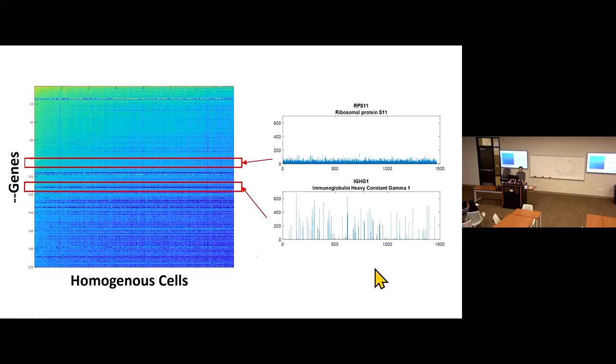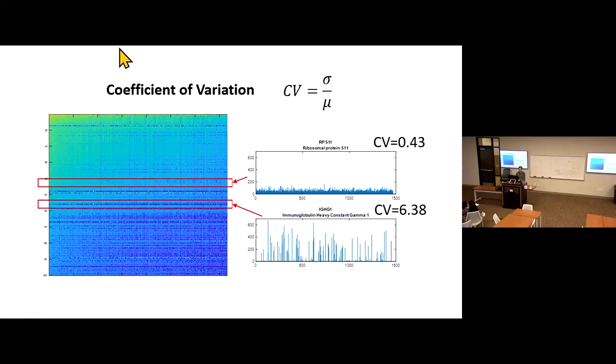So we compute the coefficient of variation, and you can see, okay, this is really large. This is standard deviation divided by mean. And this is small. They have a similar mean, but one has a huge variability. So one cell expresses it, but 600 times.